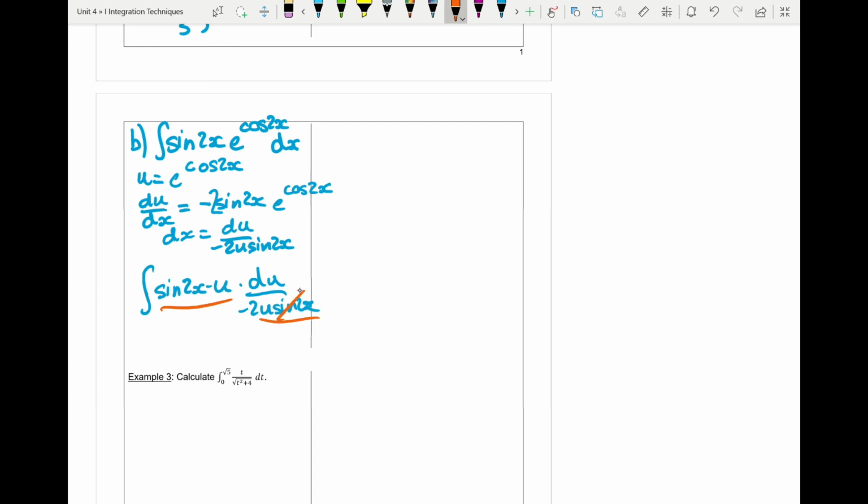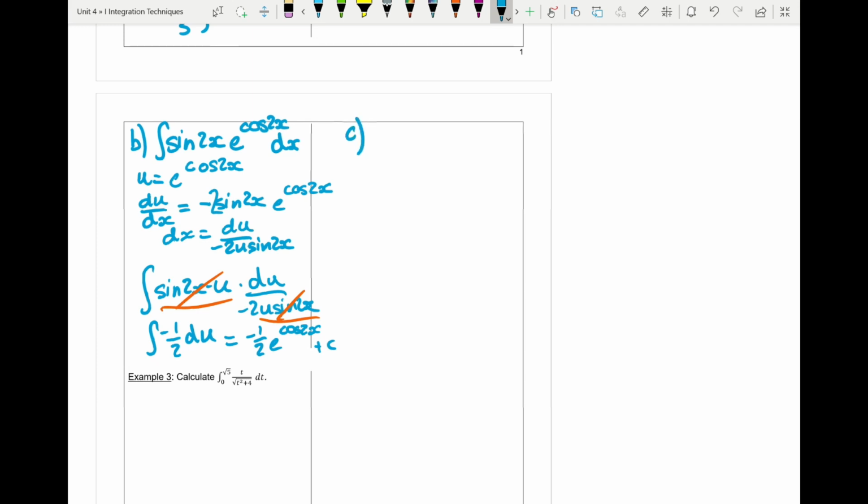So those two cancel out. And this is the same as just finding the integral of negative a half du, which is just negative a half e to the cosine 2x plus c. So it's negative a half u plus c, and then I substitute in my value of u.